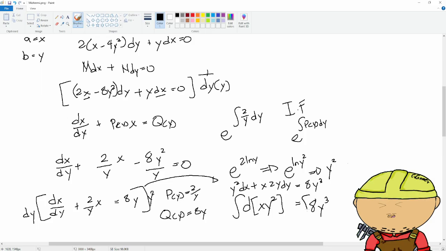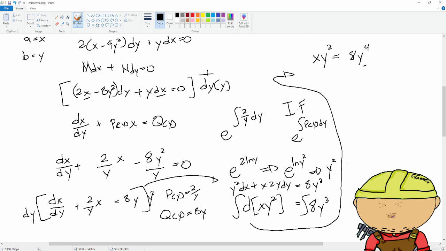Integrating both sides, we will get x y squared equal to 8y to the fourth over 4 plus c. So x y squared is equal to 2y to the fourth plus c.